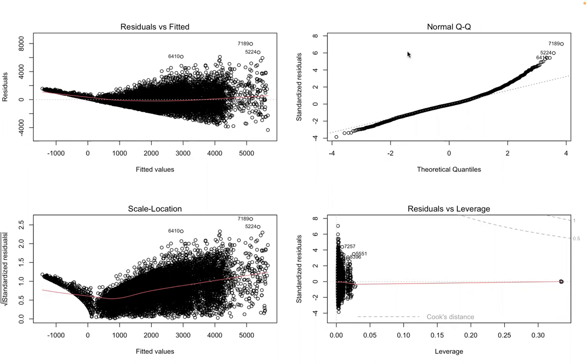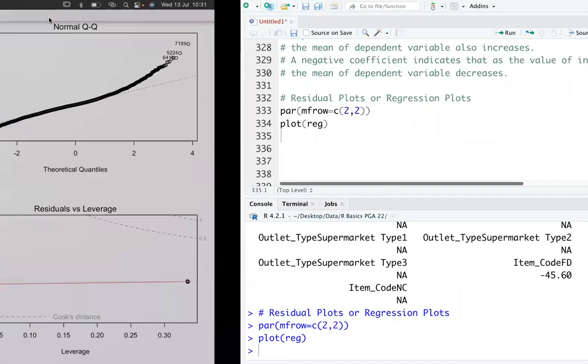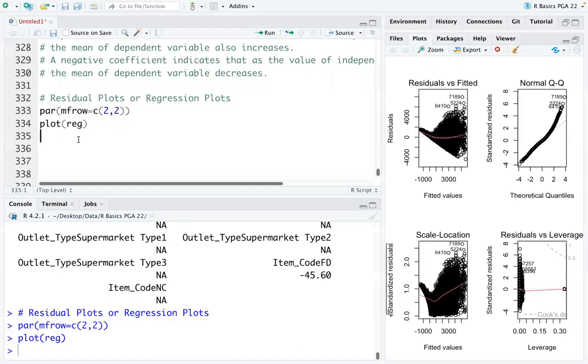This plot tells us that residuals are not normally distributed. So residuals versus fitted is indicating heteroscedasticity.